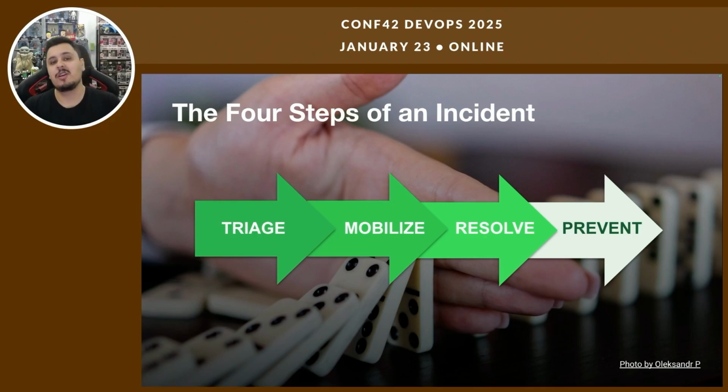Now we are all working together towards a common goal, which is to resolve the incident. The last step is to prevent the incident from happening again in the future. We don't want multiple incidents for the same issue, so we need to make sure that we prevent it.